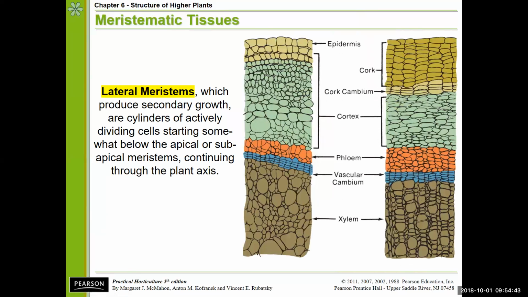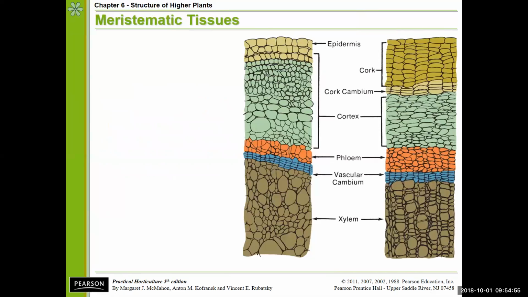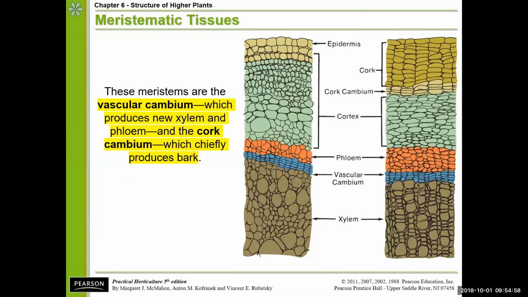We also have lateral meristems. So plants don't just have meristems going up and down, but they also have meristems coming out. Here we have it in the cambium. We have two types of cambium. Vascular cambium, and think of vascular as transport networks, like our vascular system of veins and arteries.